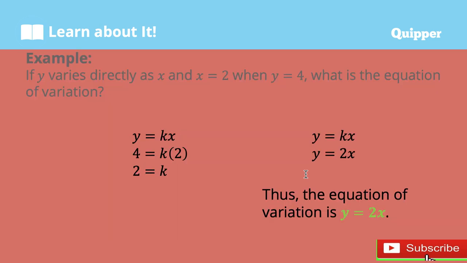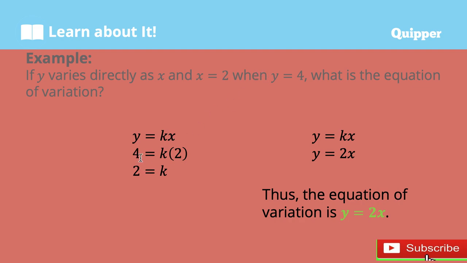To find the equation of the variation, we need to transform first the variation statement into a mathematical statement. So we have the statement y varies directly as x, and the translation for that is y is equal to kx. Then substitute the values of x and y to solve for k.